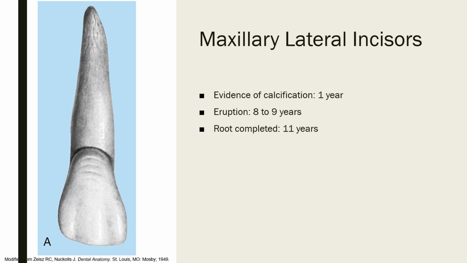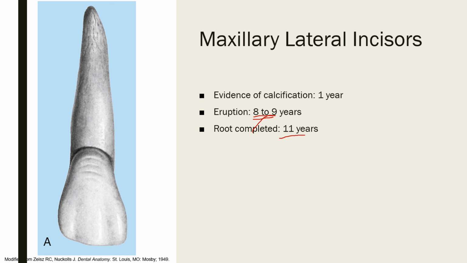Root completion is going to be 2 years after that, at 11 years. Okay, so root completion isn't until 11 years. Think of how many times a child is maybe riding their bike or learning how to ice skate, learning how to rollerblade. This is a very active time, right?